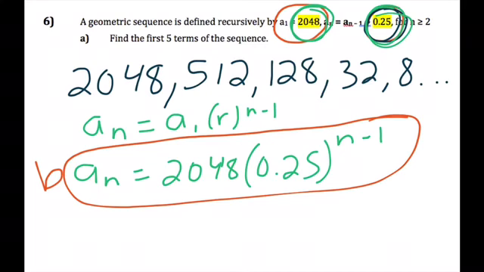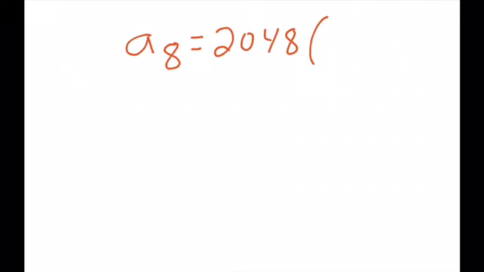Part C wants us to find the 8th term. So to find the 8th term, we're going to go ahead and plug 8 in for n. So a sub 8 equals 2048 parenthesis 0.25 to the power of 8 subtract 1.